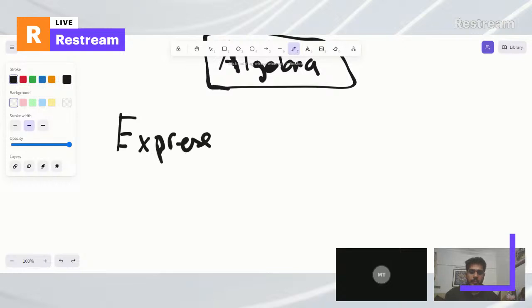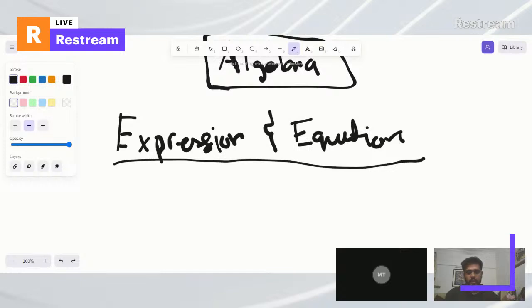Expression and equation, right? Is there anybody in the audience who could tell me the difference between the two? What's the difference just by looking at it, not a technical difference?